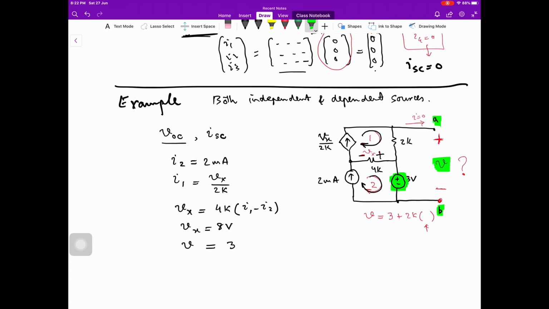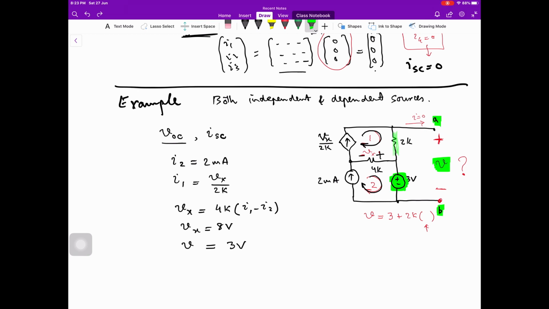and plus the voltage across this in this direction. So what is the voltage? Direction doesn't matter, but it is basically the voltage across this.